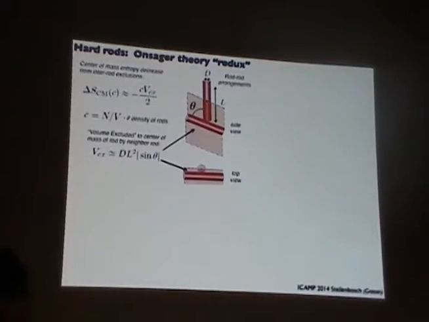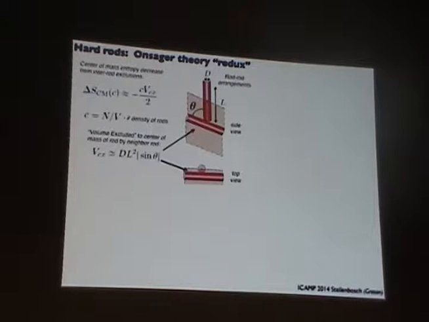This is going to be a 1-minute overview of Onsager Theory, and we're not going to do it in any detail, but I want to give you the essential idea. It's very simple in many ways. The idea of Onsager Theory is to balance the entropy loss associated with excluded volume interactions between two rods.